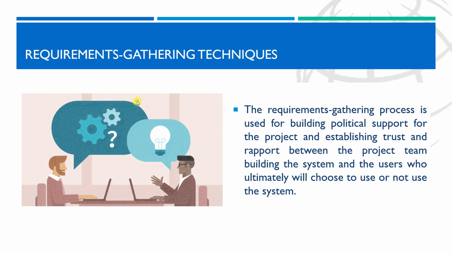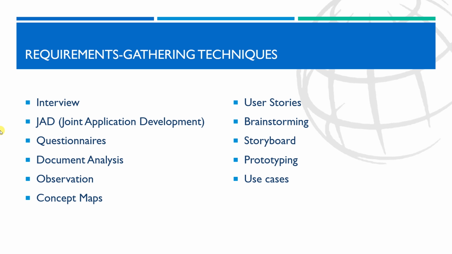The second challenge of requirements gathering is choosing the way information is collected. There are many techniques for gathering requirements that vary from asking people questions to watching them work. Each technique has its own strengths and weaknesses, many of which are complementary, so most projects use a combination of techniques.